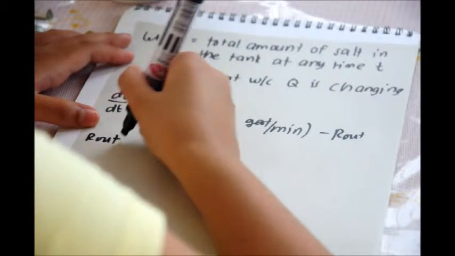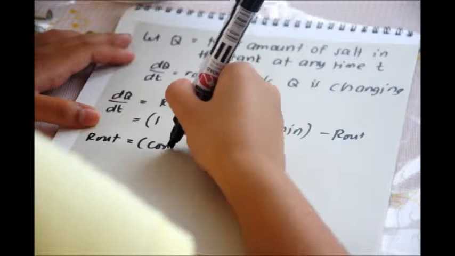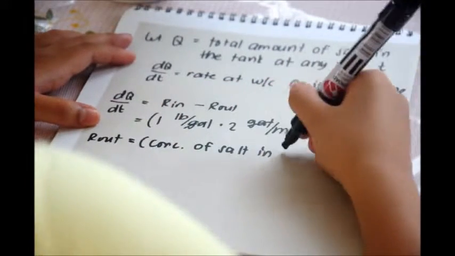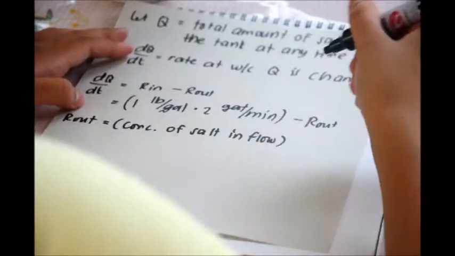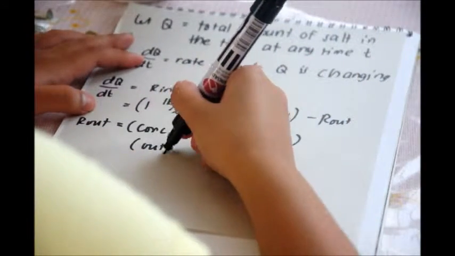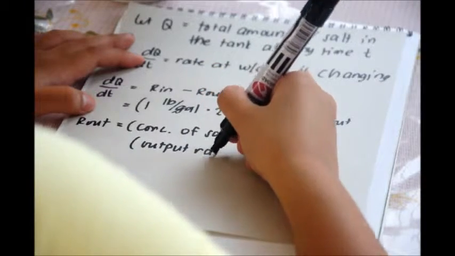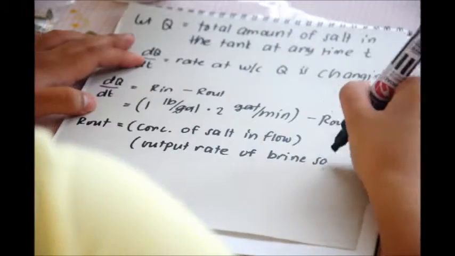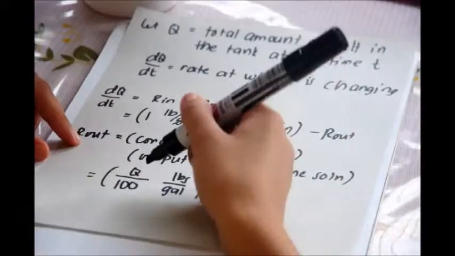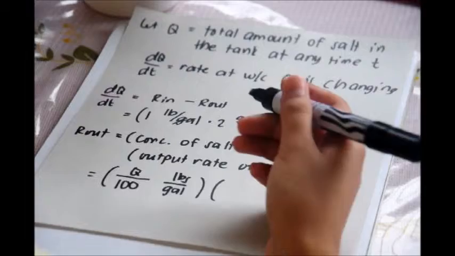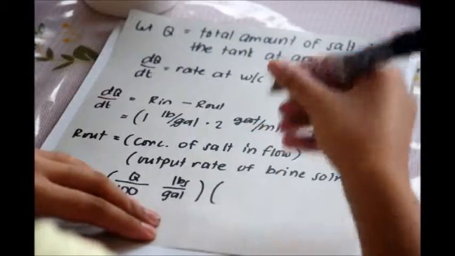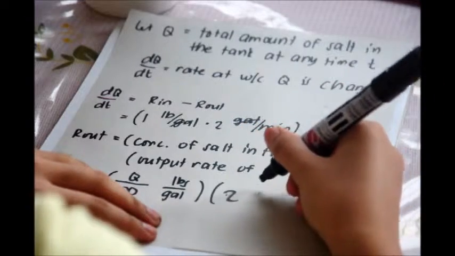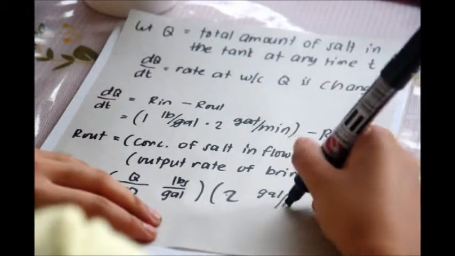So R out is actually equal to the concentration of salt in the tank times the output rate of the brine solution. So it will be Q over 100 pounds per gallon times the given rate outflow, which is 2 gallons per minute.